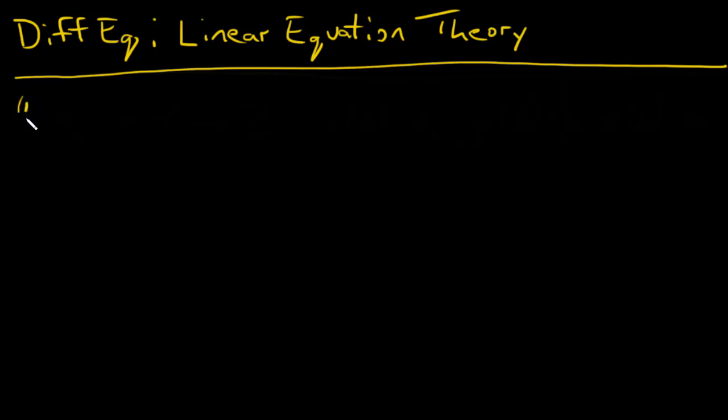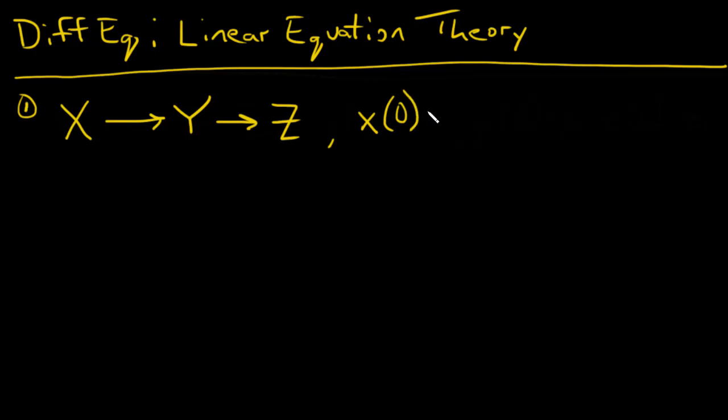To start with, for problem 1, we had a decay chain taking place where x decayed into y, decayed into z, and we were given some initial conditions. The amount of the x element at t equals 0 was x naught, the amount of the y element at t equals 0 was 0, and the amount of the z element at t equals 0 was also 0.